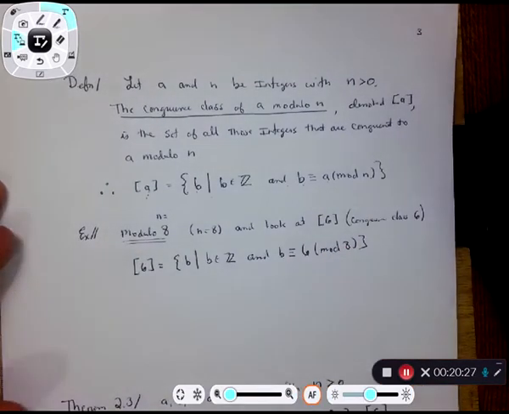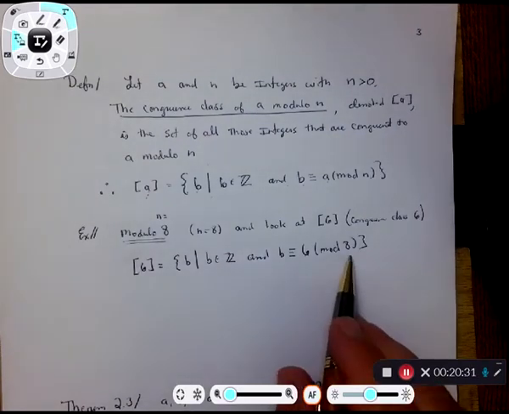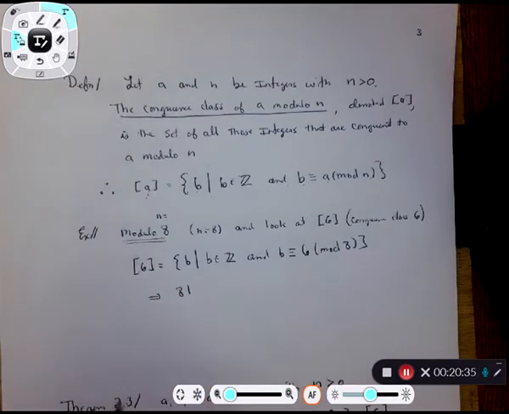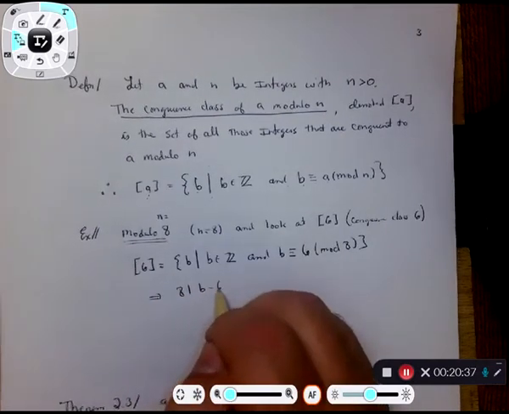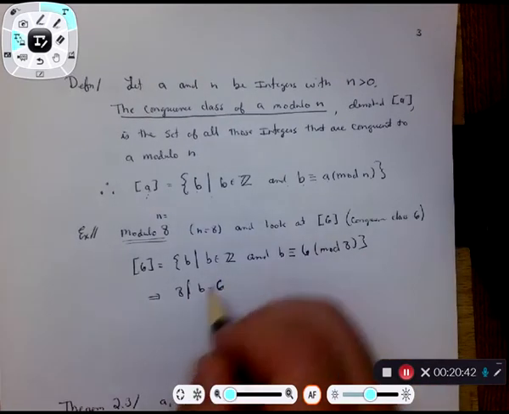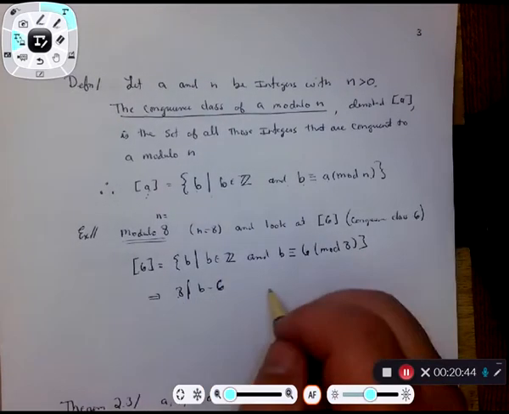B is congruent to 6 mod 8. By definition of congruence modulo 8, this implies that 8 divides B minus 6.